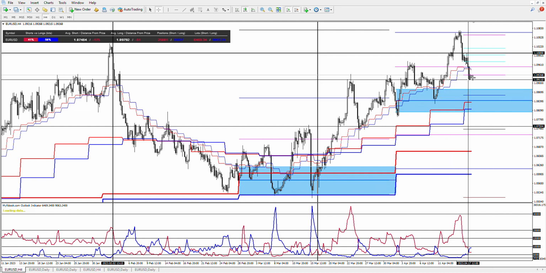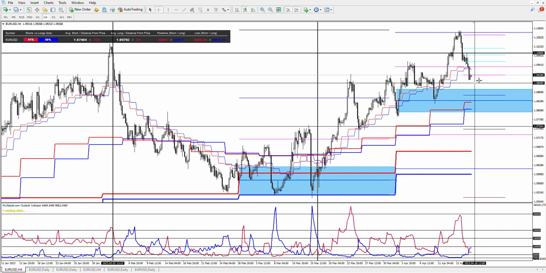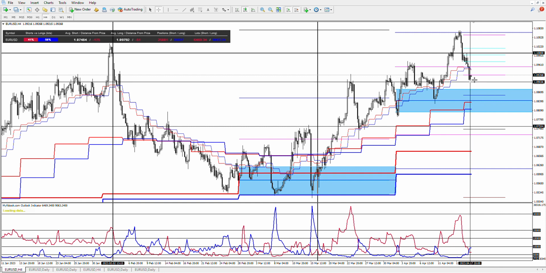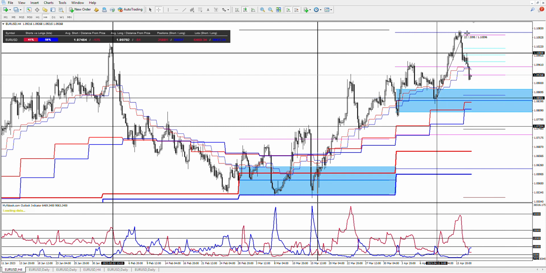Otherwise, for me this drawdown is okay because my average trade is 10 days. I look at it on my Myfxbook because my account is connected. For the past years, my average trade lasts for 10 days. So this rise was 4 days. For example, this 218 pips took 4 days to go up.